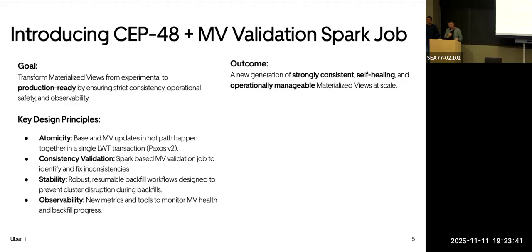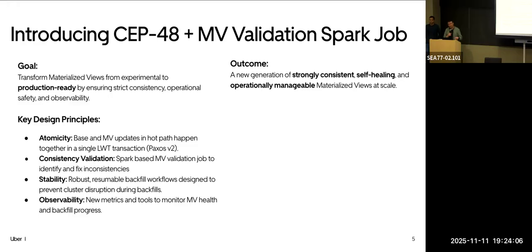The first thing is atomicity. We converted all the base table updates to LWT transactions. We wrap the base table and MV updates in one LWT transaction backed by Paxos V2. In this way, it guarantees the MV and the base table never get out of sync.